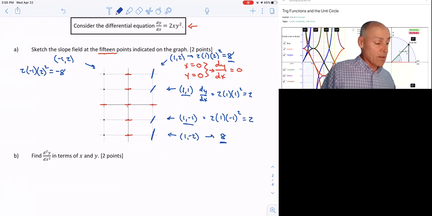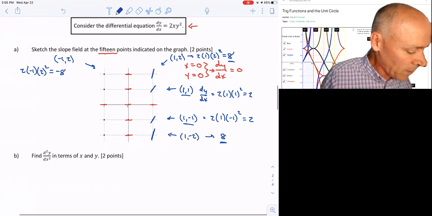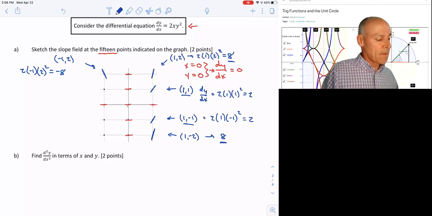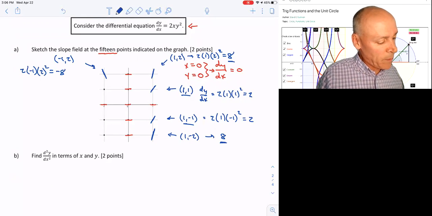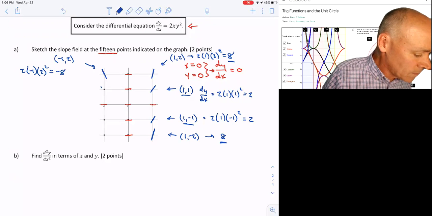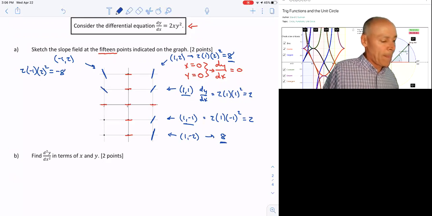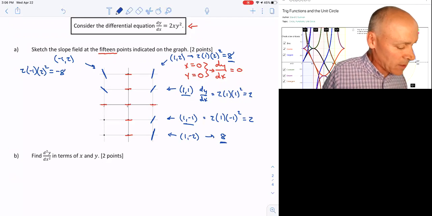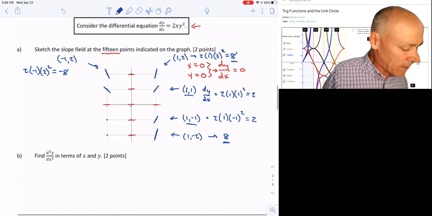That's positive 8 right across the way, and I'm going to call this one negative 8. Would you believe the one right below it is going to have a slope of negative 2? And then these two down below are going to be the exact same as what I'm looking at on that side. So this one right here is going to be negative 2.